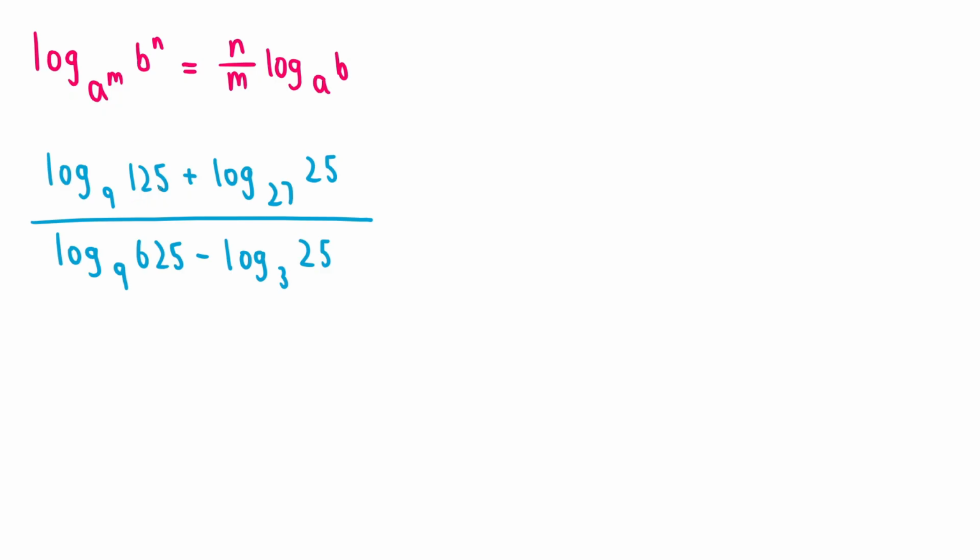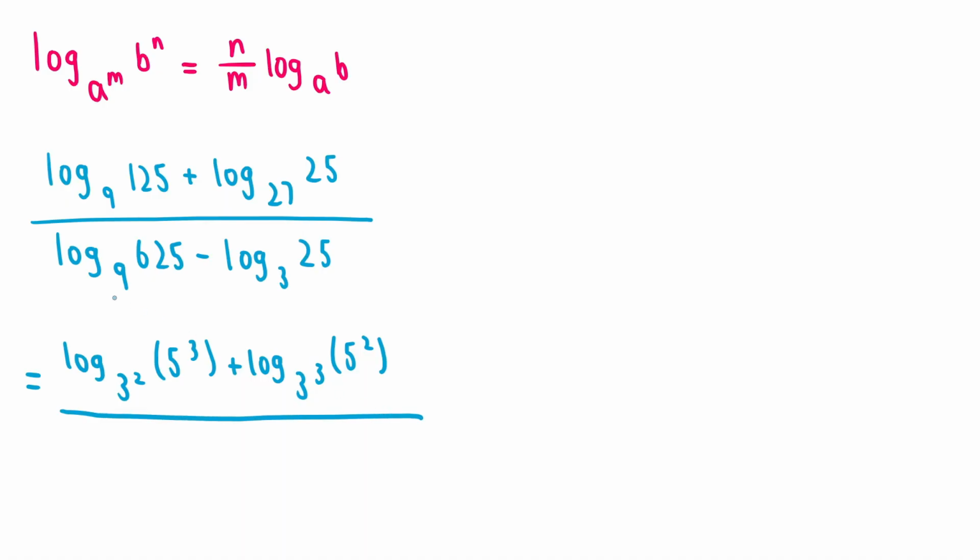So log base 9 of 125 is the same as log base 3 squared of 5 to the 3, and log base 27 of 25 is equivalent to log base 3 cubed of 5 squared, and in the denominator, log base 9 of 625 is the same as log base 3 squared of 5 to the 4, and log base 3 of 25 is the same as log base 3 of 5 squared.